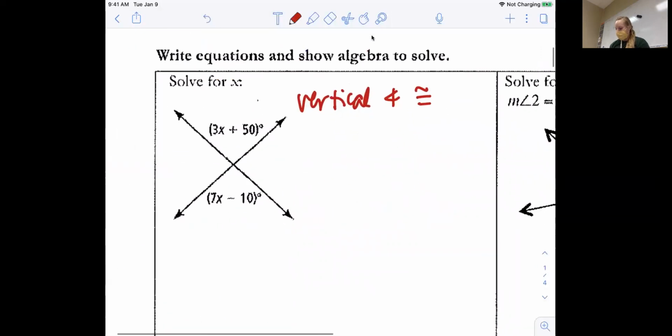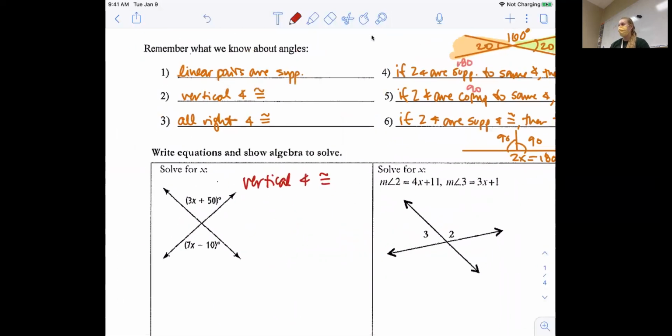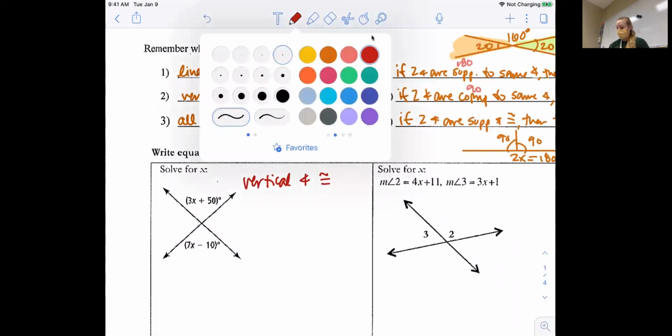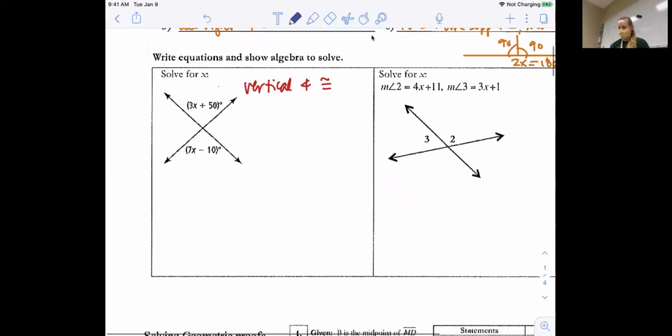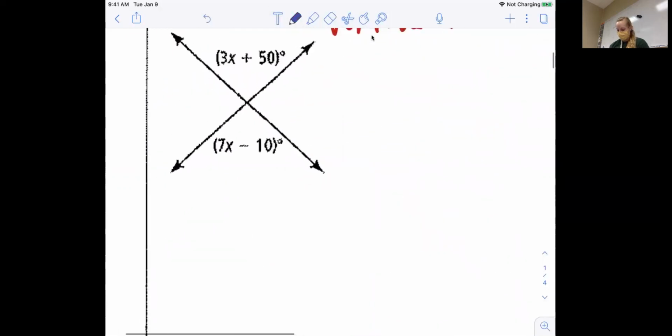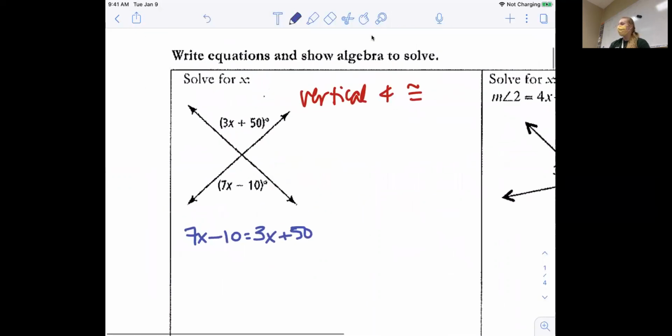We're going to be doing proofs with vertical angles, so we're going to have to write that. Vertical angles are congruent. And like when I said, we're going to set them equal to each other. Everyone's focused up? And then solve.